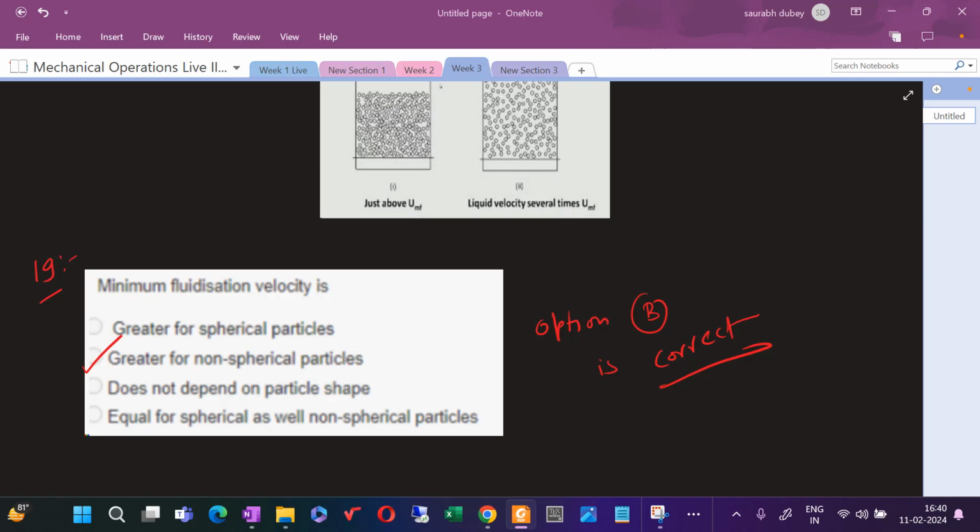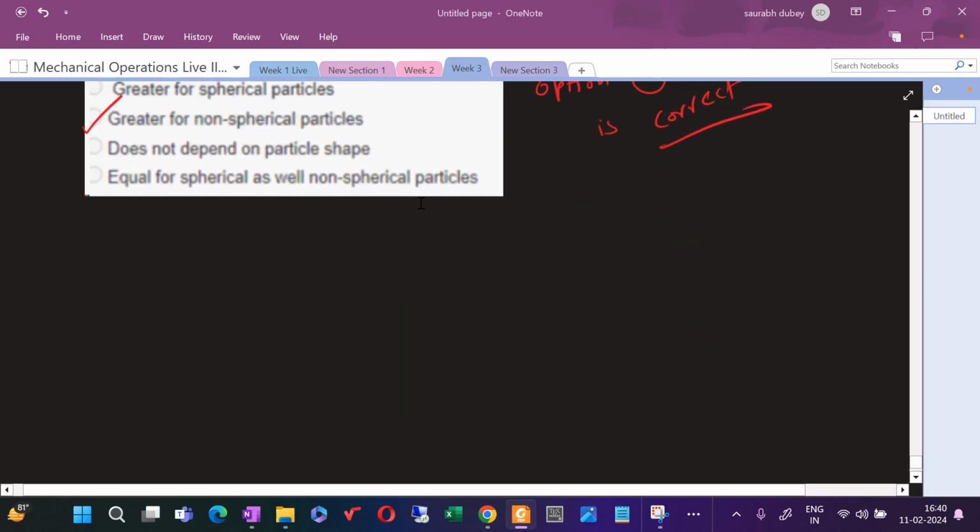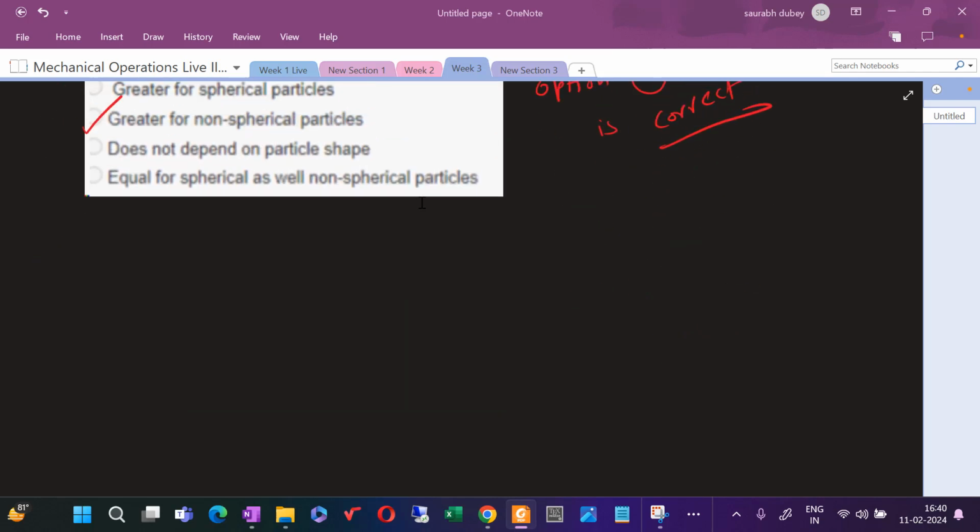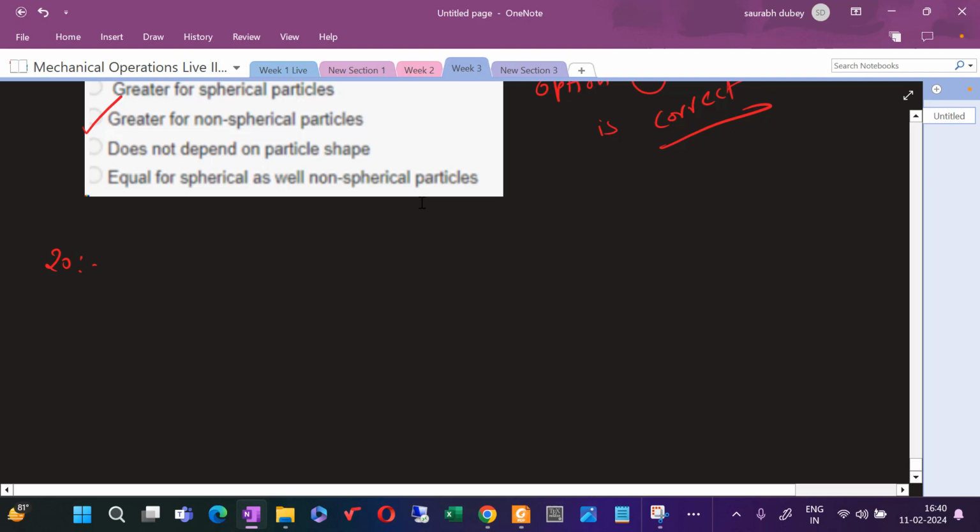Okay, this question could be attempted. Before that, spouted bed fluidization is more suitable for. So I will be giving you another question, which is the 20th.